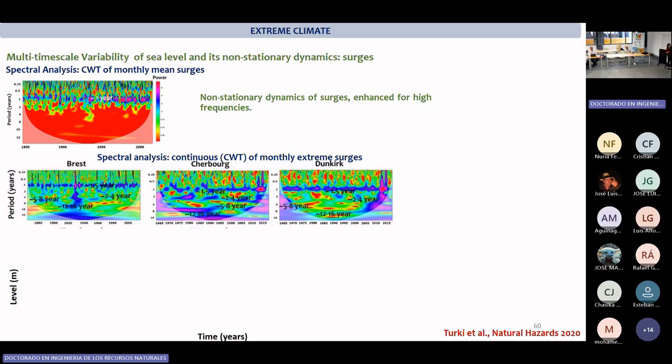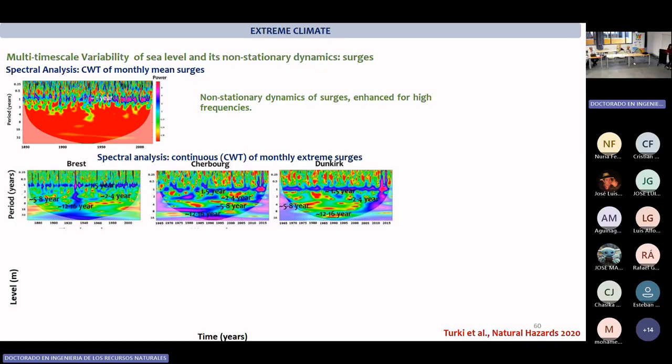So in Brest we have, I don't remember, maybe more than 14 years, and we have applied the continuous wavelets to look for the different frequencies, as you can see here in the difference of colors, the different frequencies or cyclicities controlling the variation of sea levels.